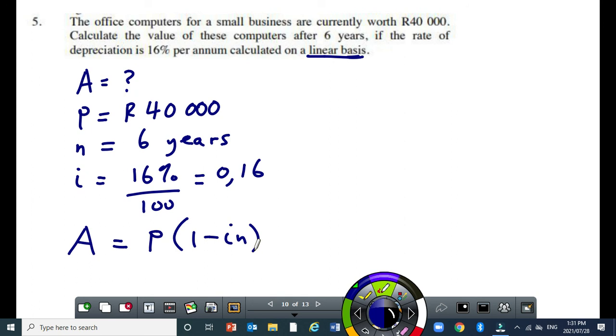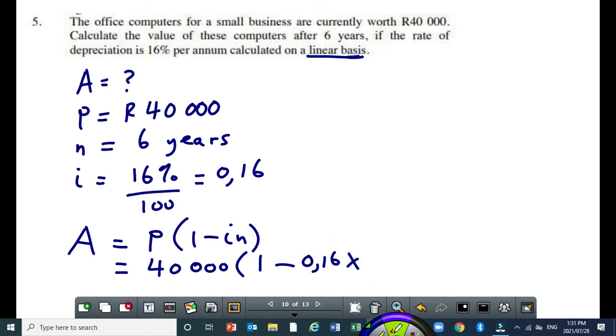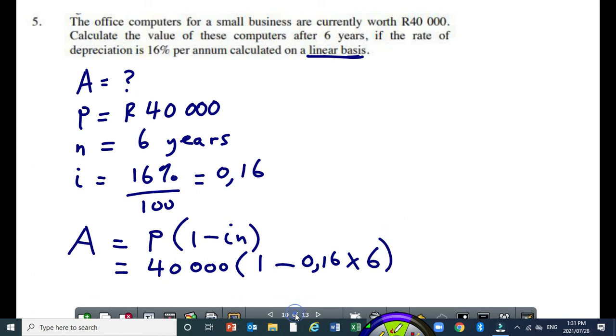This I will be like a gradient and the P will be like the y-intercept. So P is 40,000 times 1 minus I, which is 0.16, times N, which is 6 years in this case. So what will be the final answer?